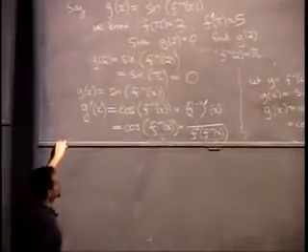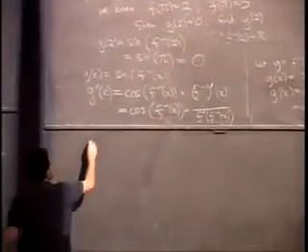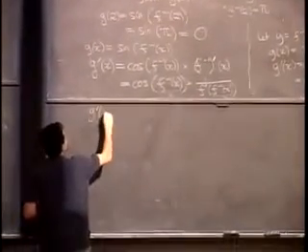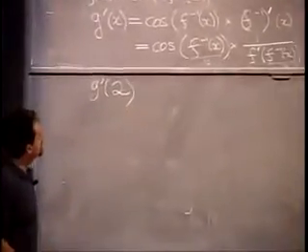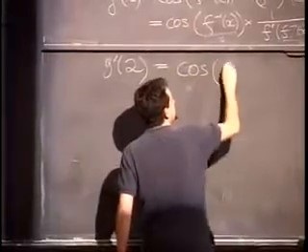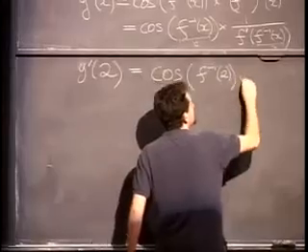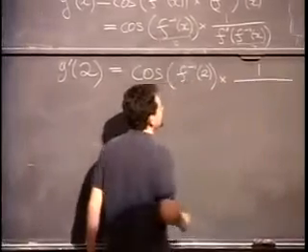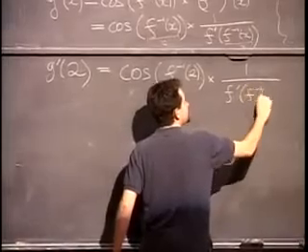You see, we need to find what g prime of 2 is. According to this, it is cosine of f inverse of 2 times 1 over f prime at f inverse of 2.